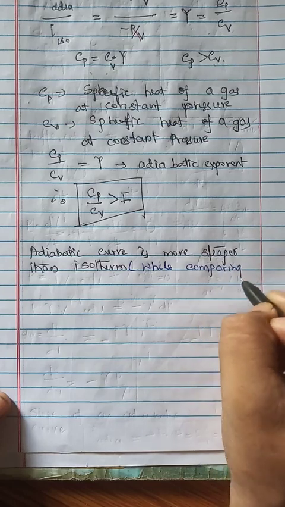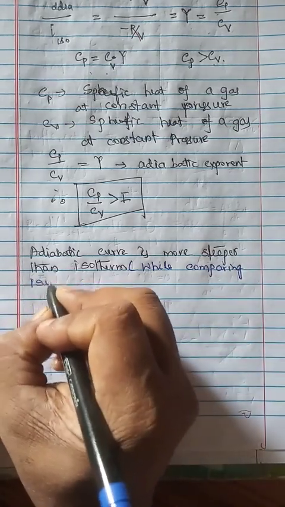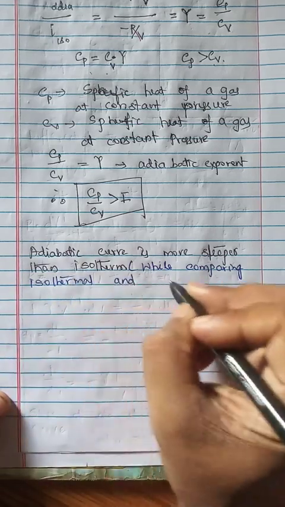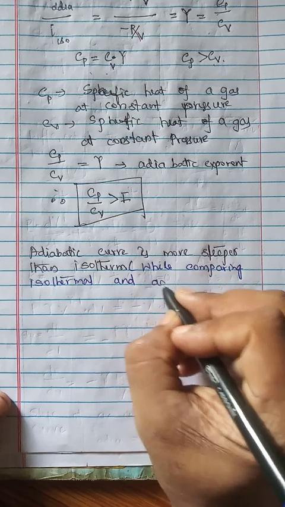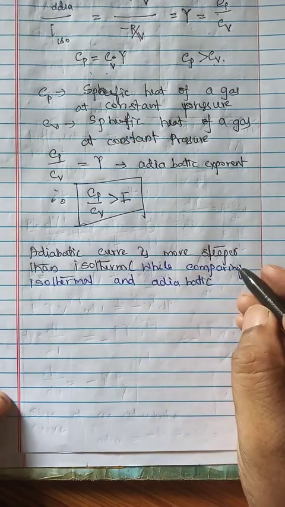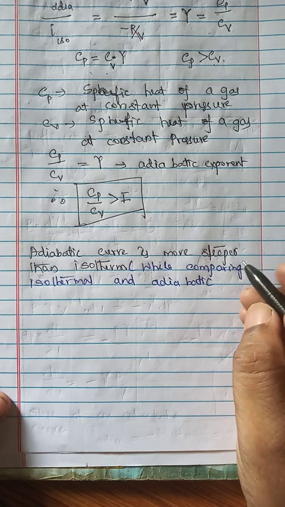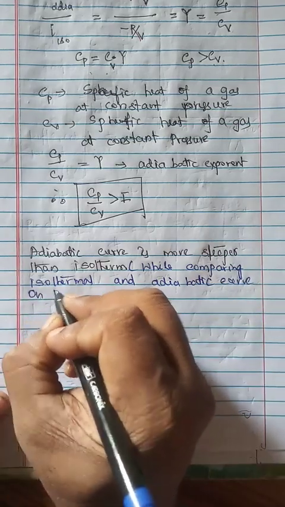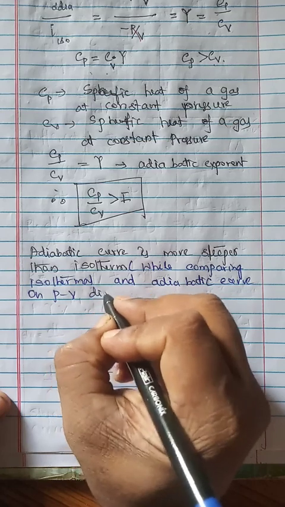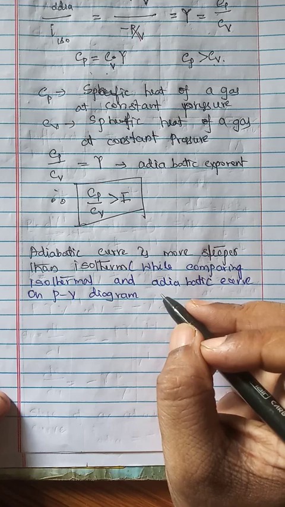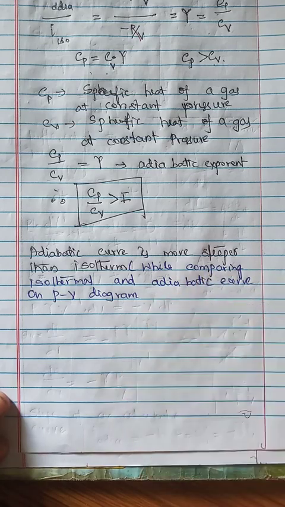While comparing isothermal and adiabatic curves on a PV diagram, the curve which is more vertical is adiabatic.